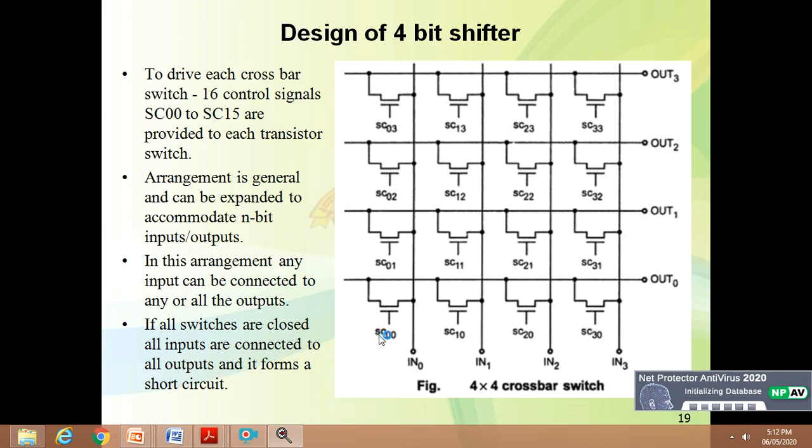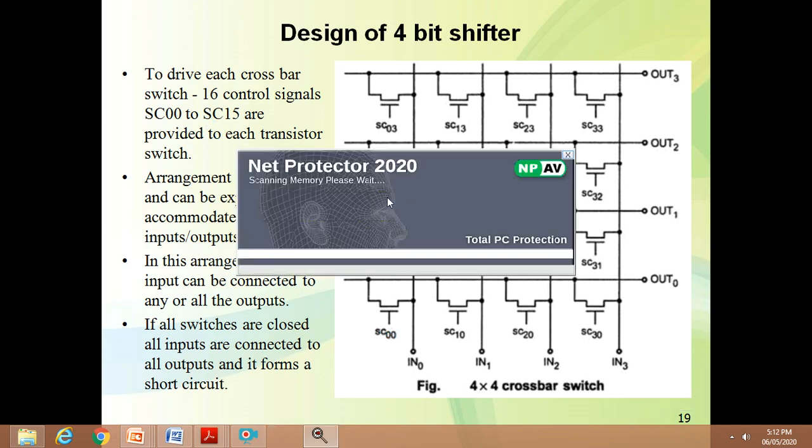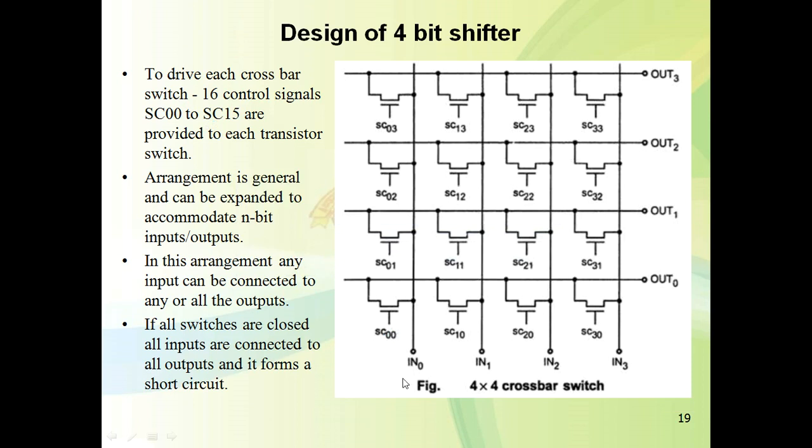See here, SC00, SC01, SC02, SC03. These are the control signals, and in total we require 16 control signals. The arrangement in general can be expanded to accommodate n bit shift of inputs and outputs, so we can go for n number of inputs and n number of outputs.